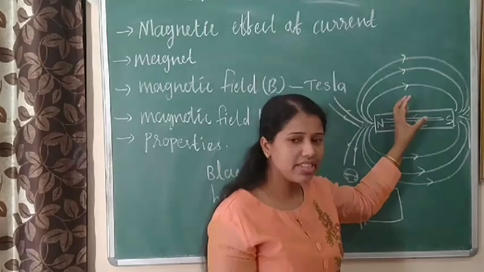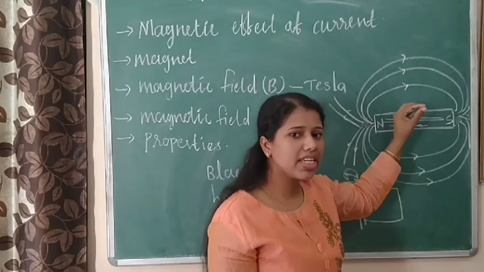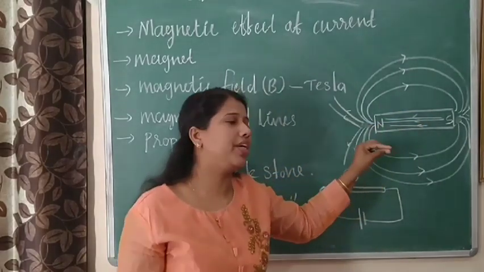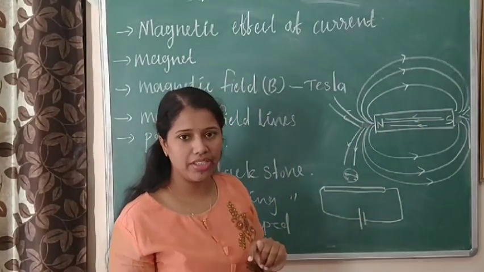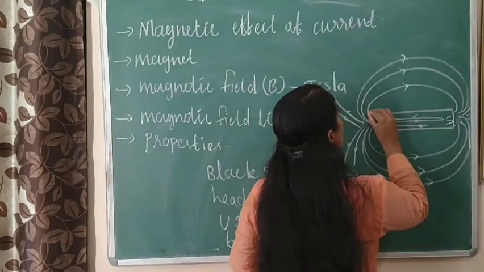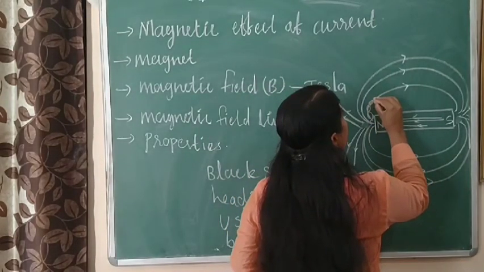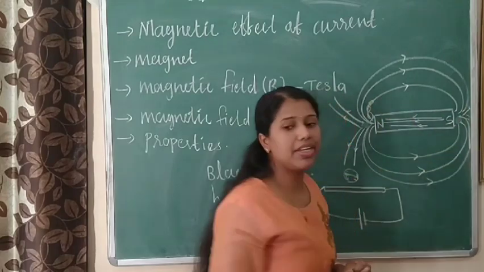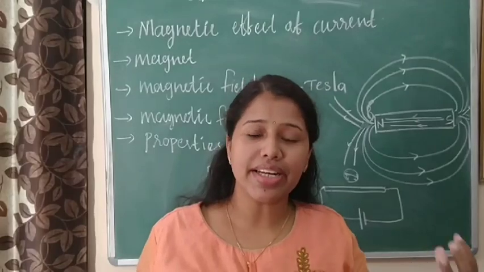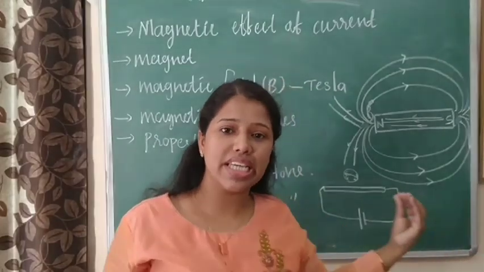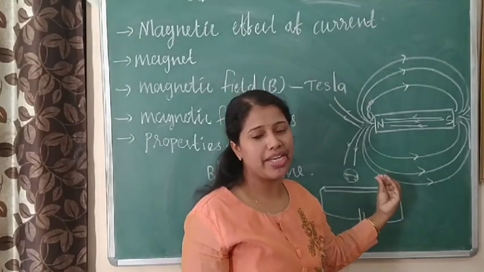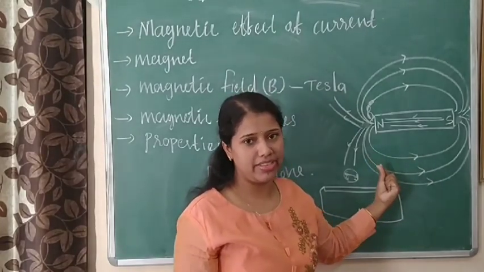The tangent gives the direction of the magnetic field at that point. For example, we bring one compass needle here. It shows direction. Next, again we bring it, and then we get these magnetic field lines. It is actually a curve. The tangent gives the direction of the magnetic field at that point. That is magnetic field lines.